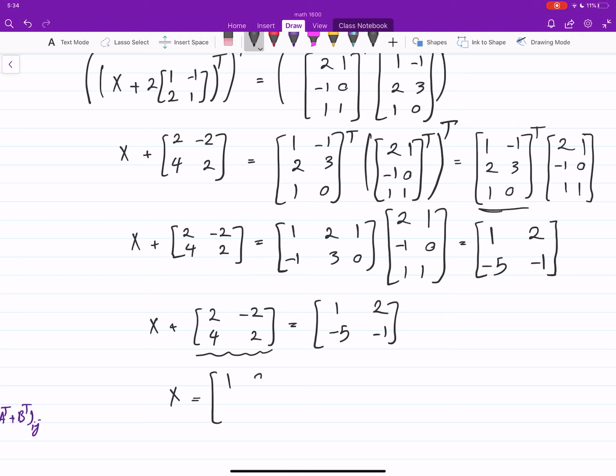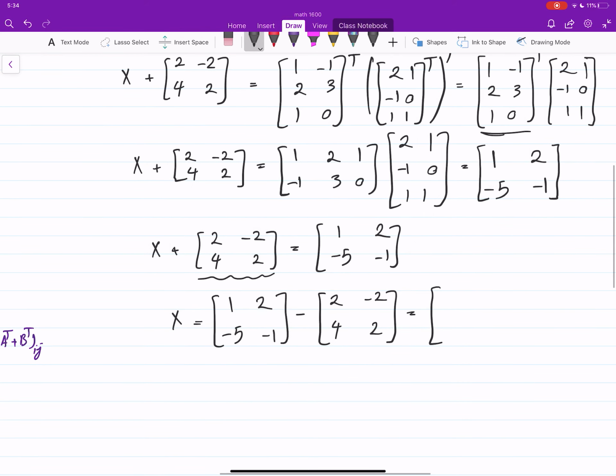That's what it means, but we have to turn it to negative, or add its negative. And this gives us the solution for the equation. 1 minus 2 is negative 1. 2 minus negative 2 is 4. Negative 5, this is negative 9. And negative 1 minus negative 2 is negative 3.